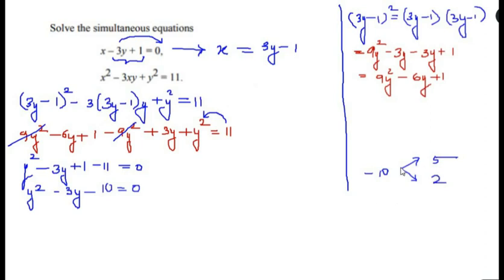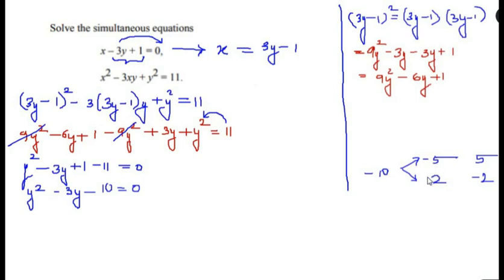So for negative 10 we can take either negative 5 and positive 2, which when multiplied gives us negative 10, or it could be positive 5 and negative 2, which will again give us negative 10, but their addition should give us a negative 3.